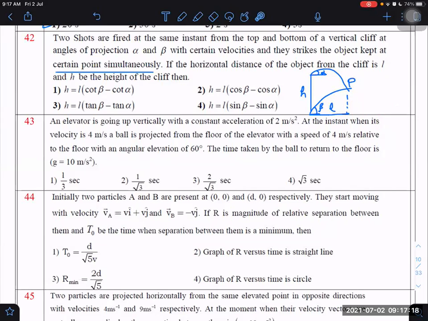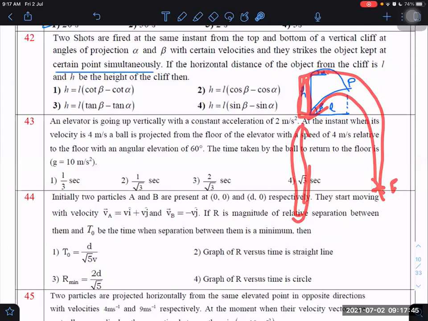So the horizontal distance of the object from the cliff is L. It may be below the ground, I don't know what the situation is. No, below ground is not possible, I think. Sir, cliff, no, sir. But if it is some flag on the top of a tower or building, and this is the bottom of the flag and this is the top of the flag, then it is possible that way also.